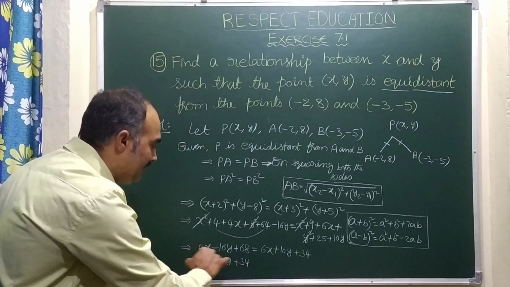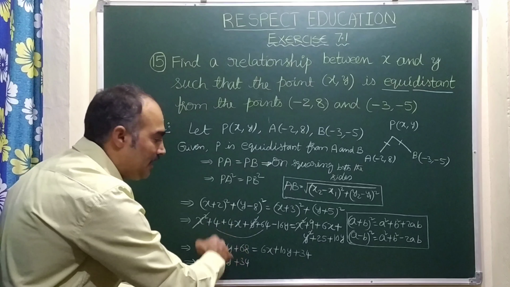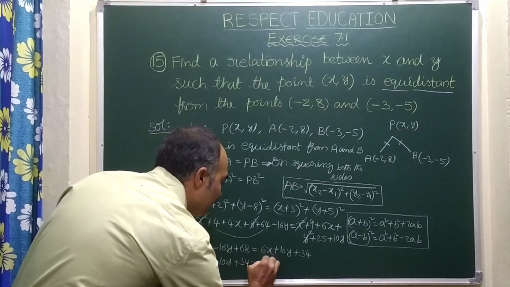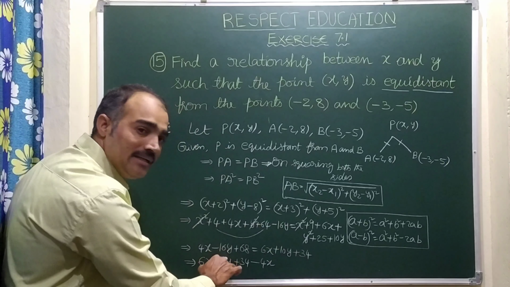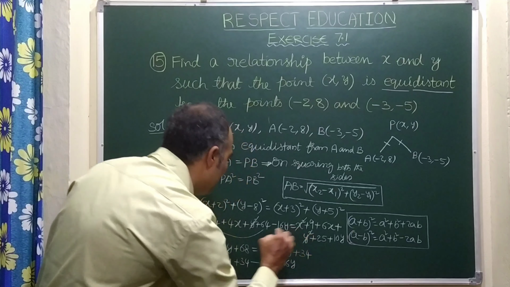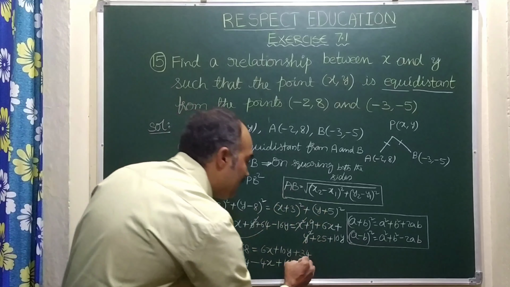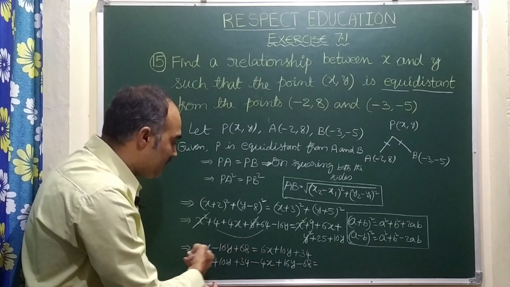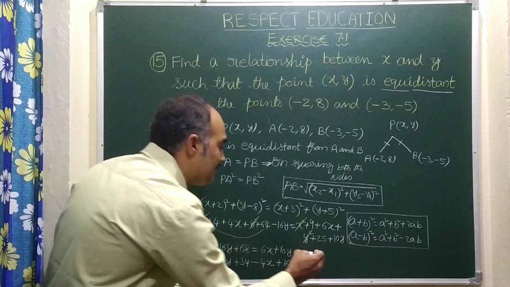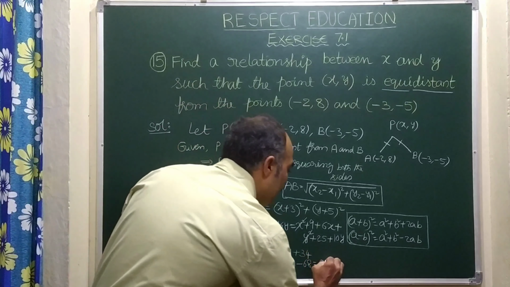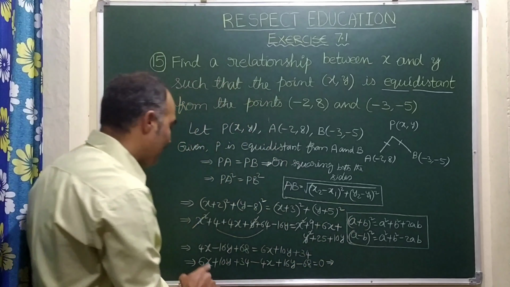Now I am bringing these three terms from the left side to the right side. Plus 4x becomes minus 4x. Minus 16y becomes plus 16y. Plus 68 becomes minus 68, is equal to, this side no term is left, so 0 can be written this side.